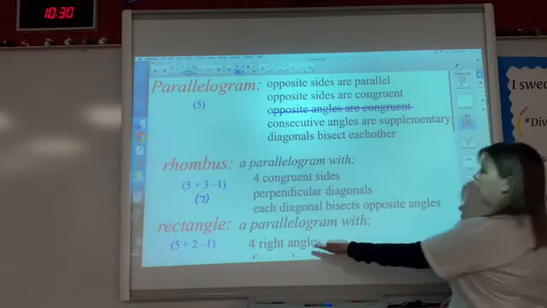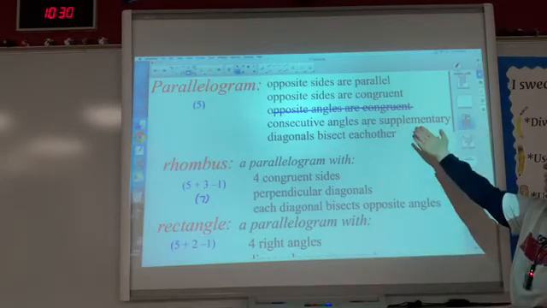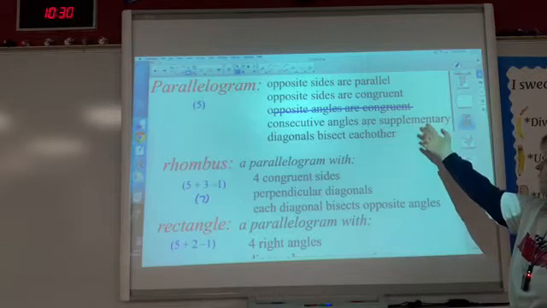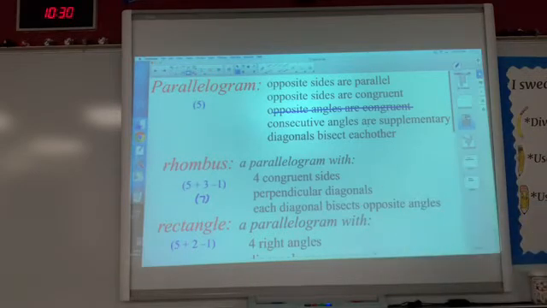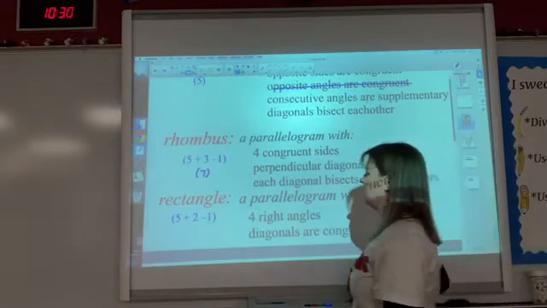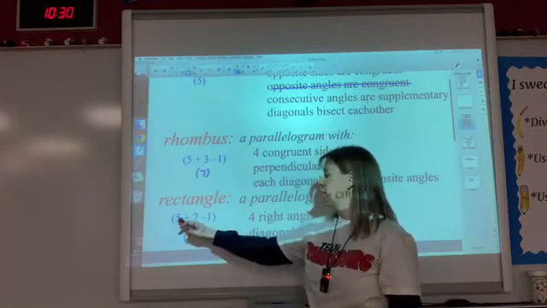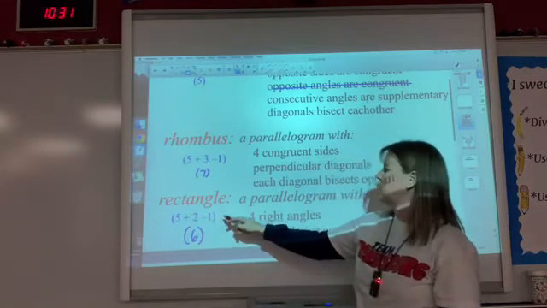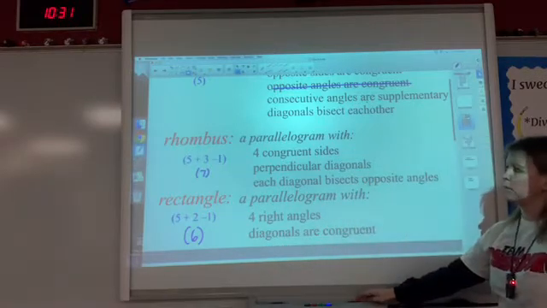If all 4 of them are right angles, all 4 angles are congruent, not just opposite angles. This one still works. Consecutive angles are supplementary. 90 plus 90 is 180, so that one is still okay. So altogether, a rectangle has 6 properties. 5 from the parallelogram, 2 of its own, and the 1 that we have to take out because it's contradictory.